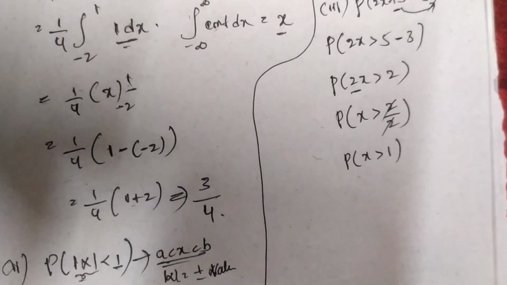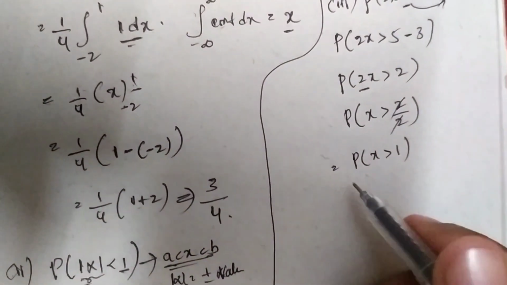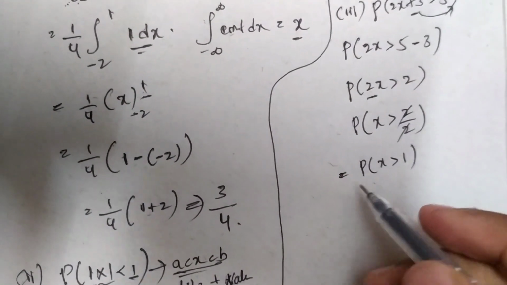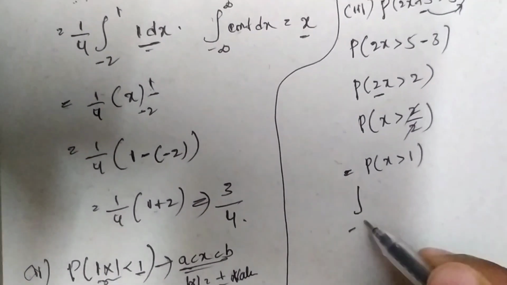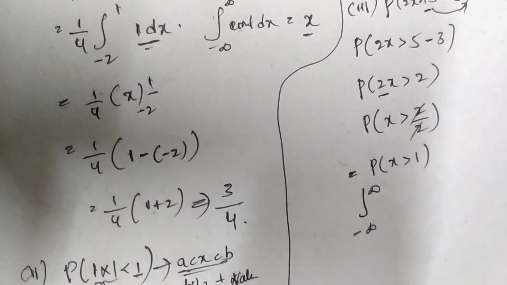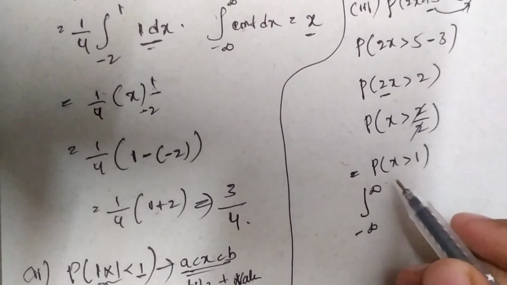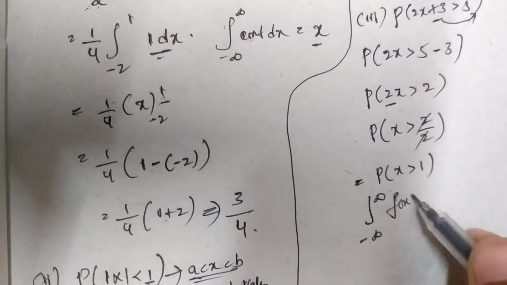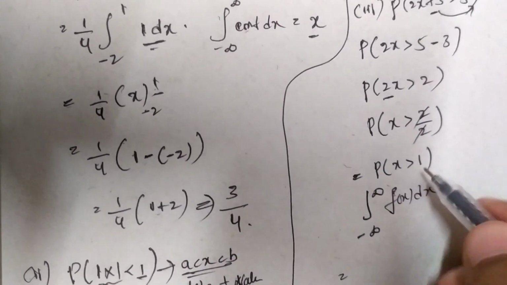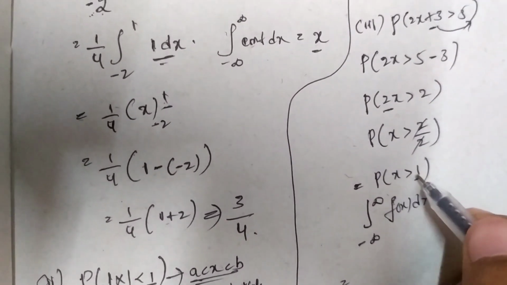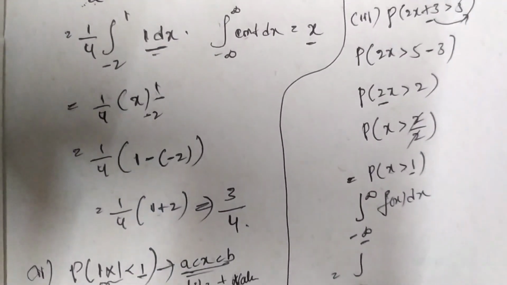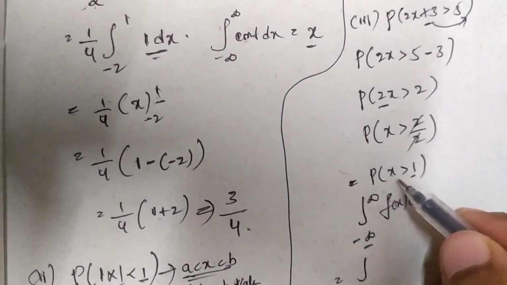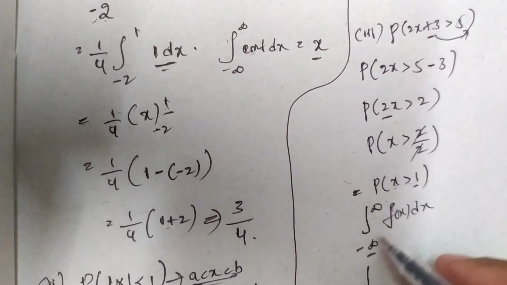In the key point we learn that P of greater than 1 means the integration from minus infinity to infinity of f of x dx. Here the value is starting from 1, since x value is greater than 1. So in the place of minus infinity we take 1.